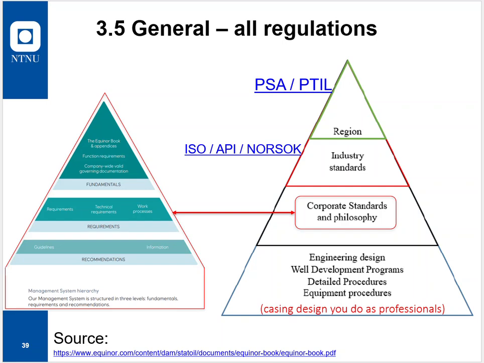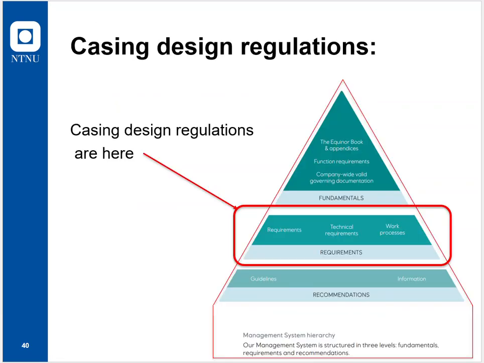And the lowest level in the pyramid will be engineering designs, drilling programs, detailed procedures, equipment procedures, and so on and so forth. And in here also you will find the result and the conclusion that you do from your casing design.